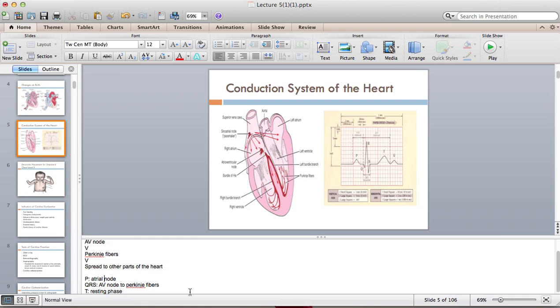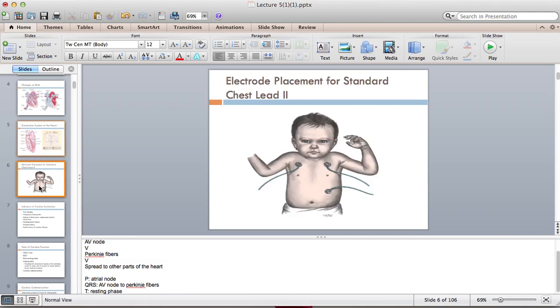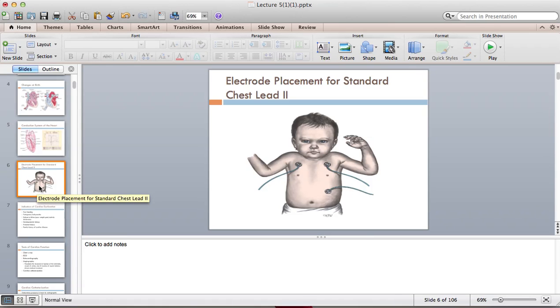So for us, placing a lead on that child, we usually use the standard lead 2. That's what we will use in the child. And we will put it on the right and left chest wall, and then the left leg.